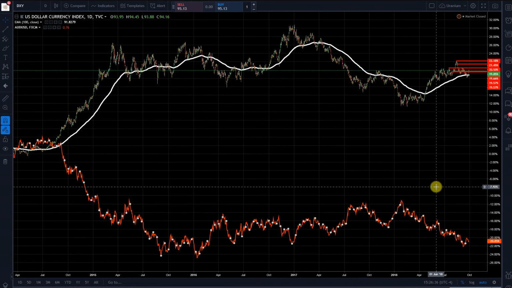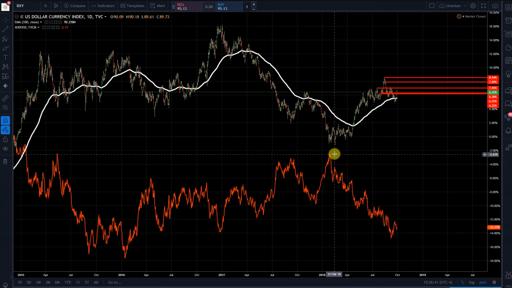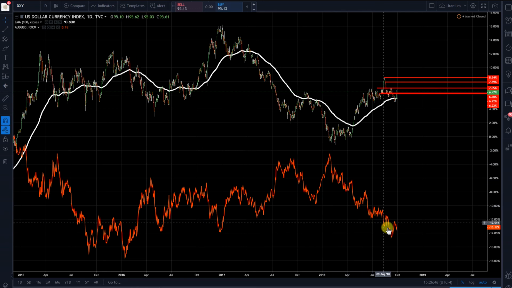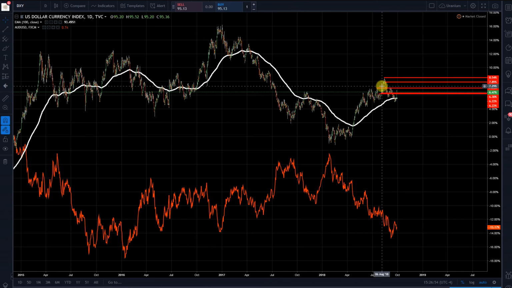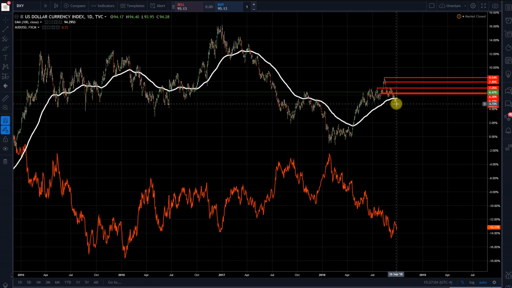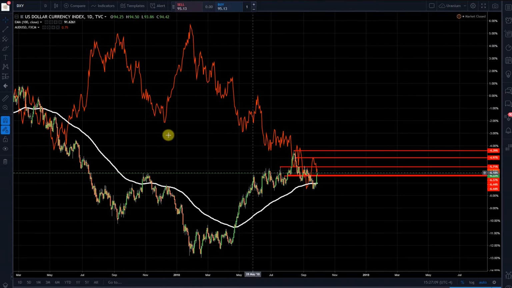Now we get closer, and you can see we made the low here, made another fake low, and then Aussie's pushing lower, and we made a low here on September the 10th or 11th, and we made a high on the dollar here. So we're pushing lower while the dollar made a high and kind of going lower. Now we got a pop. So there is a correlation, and sometimes it goes off, so you want to keep an eye on that also.